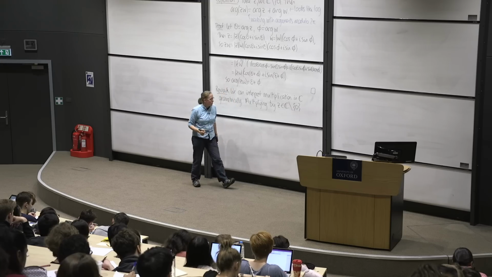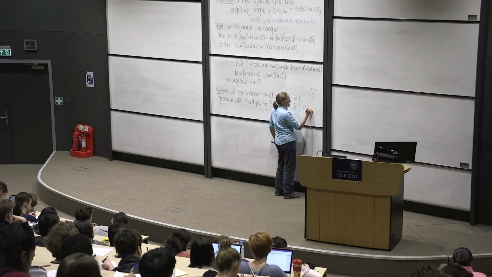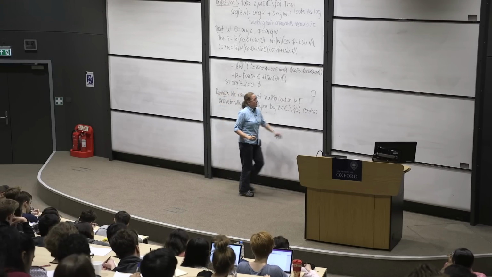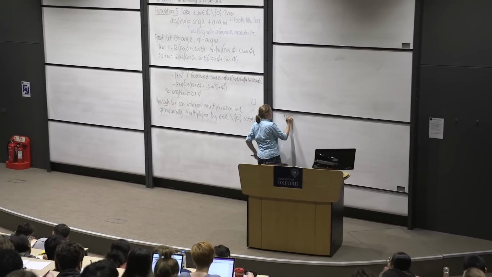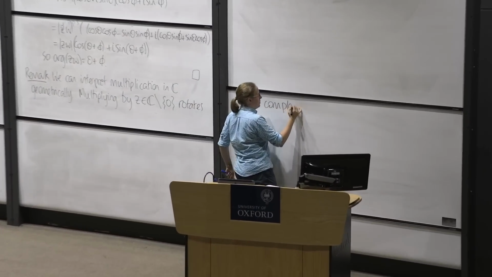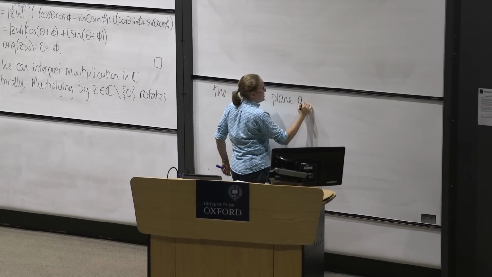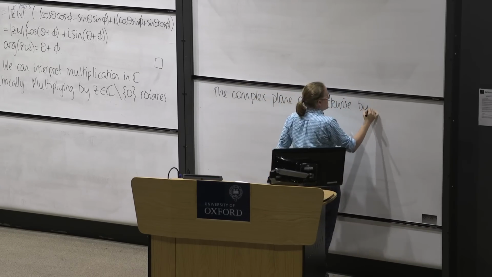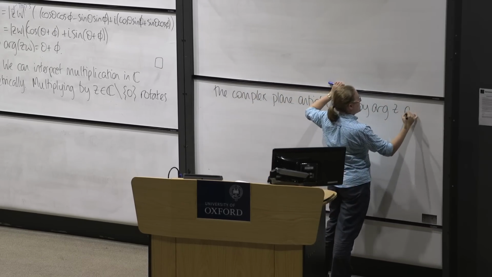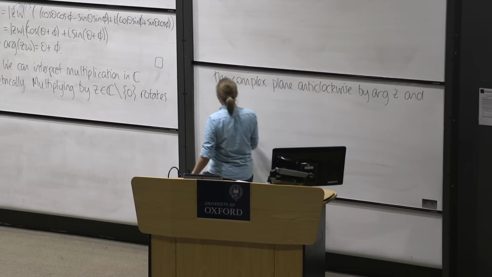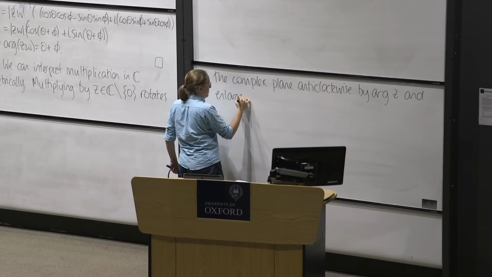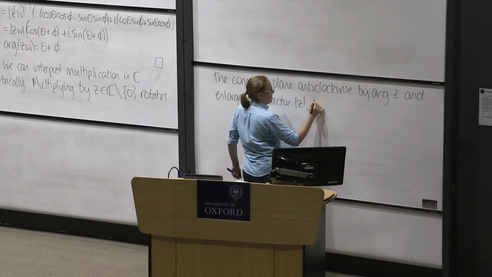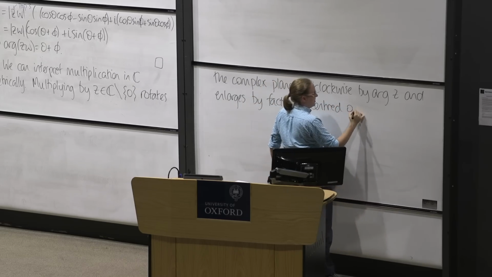Multiplying by some non-zero complex number z rotates the complex plane anti-clockwise by the argument of z. This is a consequence of that proposition we just proved, and it enlarges by a factor of the modulus of z, and that's all centered on the origin.